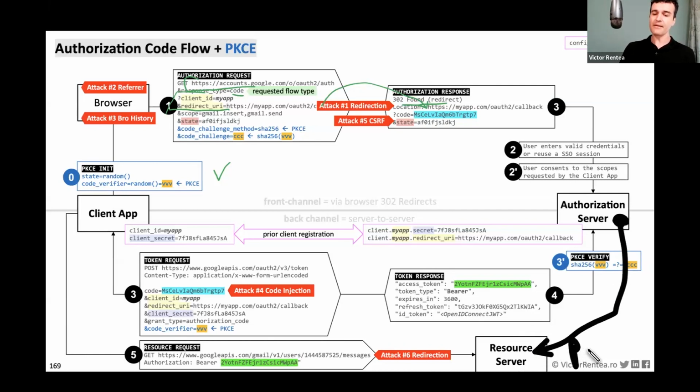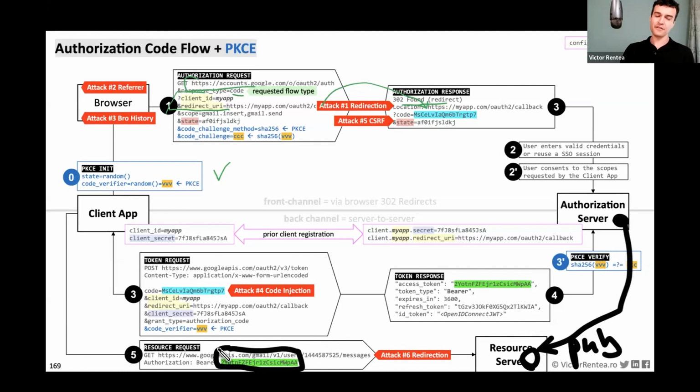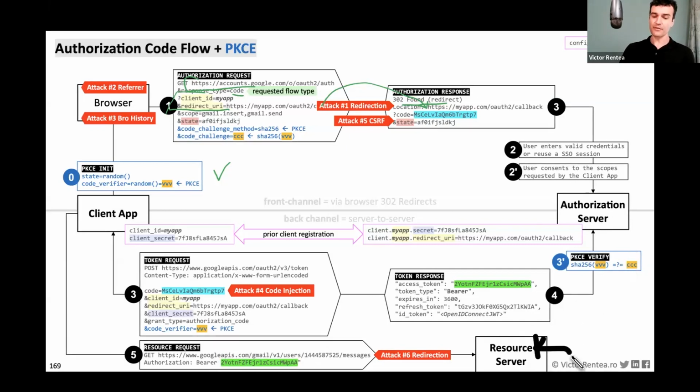So there is the public key of Google, for example, in here, and then using that key you can check the bearer token, that very often is a JWT token carrying a signature. Or there could be a shared secret between the authorization server and the resource server in an intranet setup. And I think there is one more solution, which means that the resource server can contact the authorization server to double check the code, double check the token.